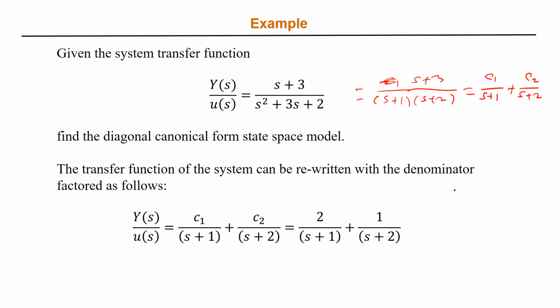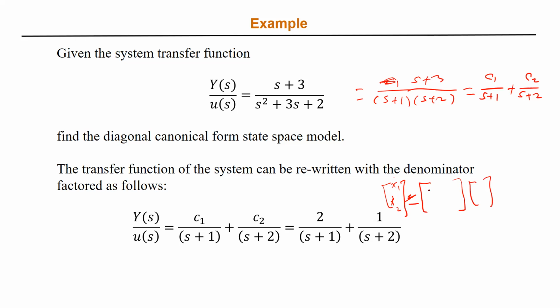So now what is my system? What is the state space representation then? First of all, what is the system order? Second order. So the A matrix will be what?